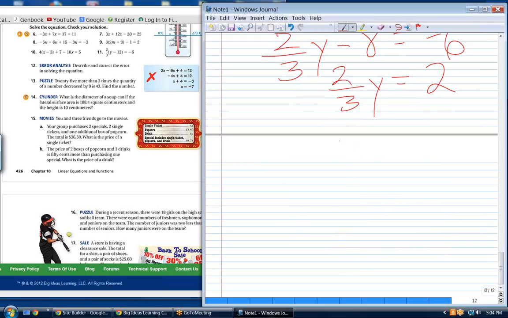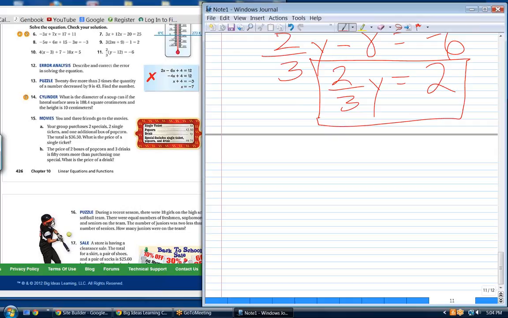And then divide by 2/3 and you get 1/3. Okay, now see, that's a mistake. And we don't want you making that mistake.